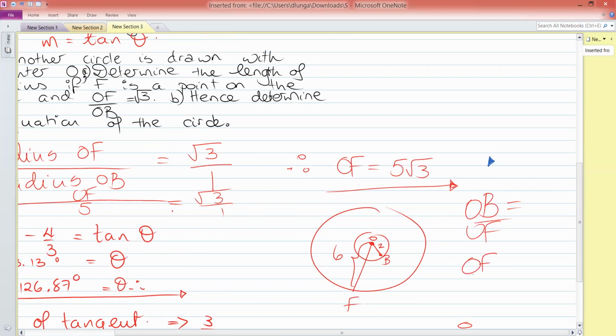Then you can work out OF over OB. What would the proportions be? You would take the two values that you know. You'd say 2 over 6, and it simplifies to 1 over 3. But if I write it as OF over OB, this is 6 over 2, which is 3 over 1. But the one we just did, the proportion ends up as a surd. Okay, so that's all it is. It's just looking at the proportions and cross multiplying.